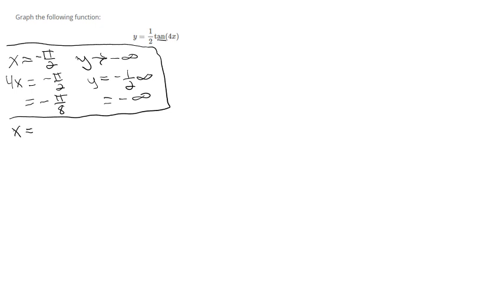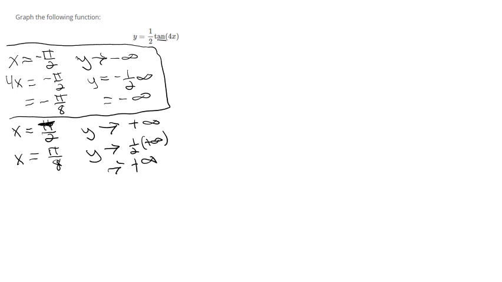Okay. My next asymptote is at pi over 2. We know that y is approaching positive infinity, but we're working with 4x, so we're actually at pi over 8. Y is approaching 1/2 positive infinity, which is still positive infinity.